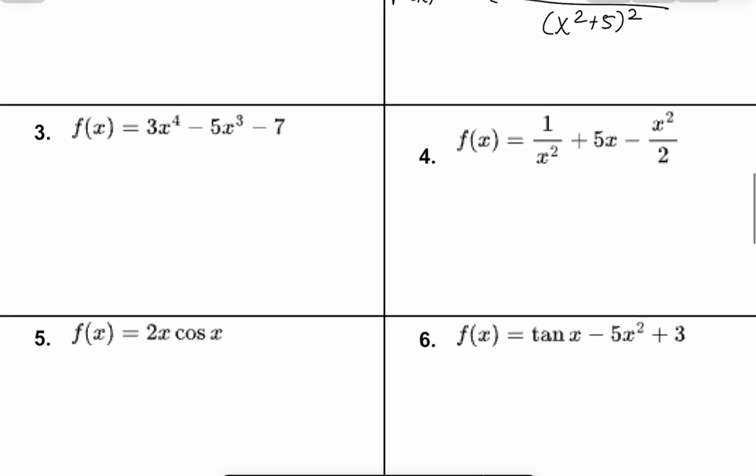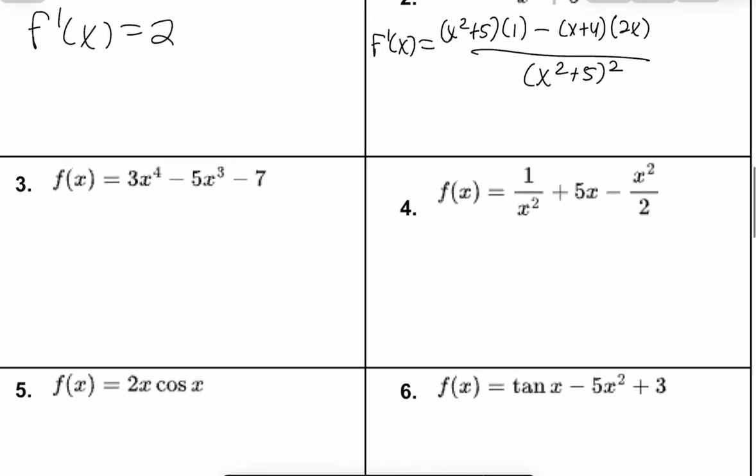Okay. I'm going to give you a slightly more difficult polynomial for number 3. A little more difficult, but it's the same thing. Okay. So the derivative, let's just use our power rule for each term. So this first one, there's a 3 sitting there. Don't care. It just multiplies by 3. Drop your 4 down in front. 4 times the 3 is 12. The x becomes a cube. Do it again. The negative 5 there multiplies by the 3.